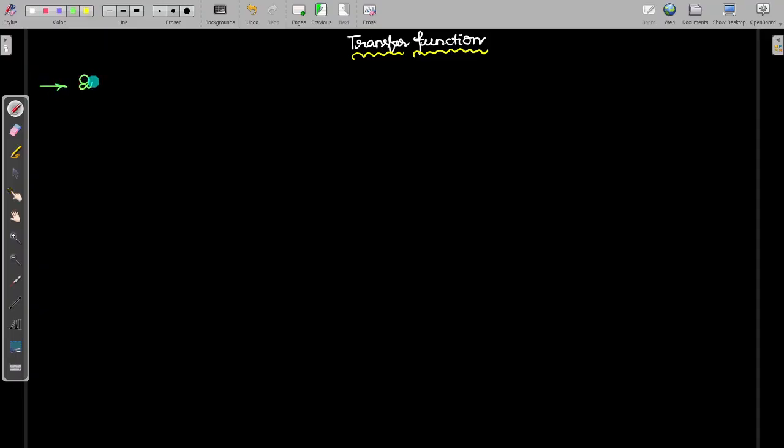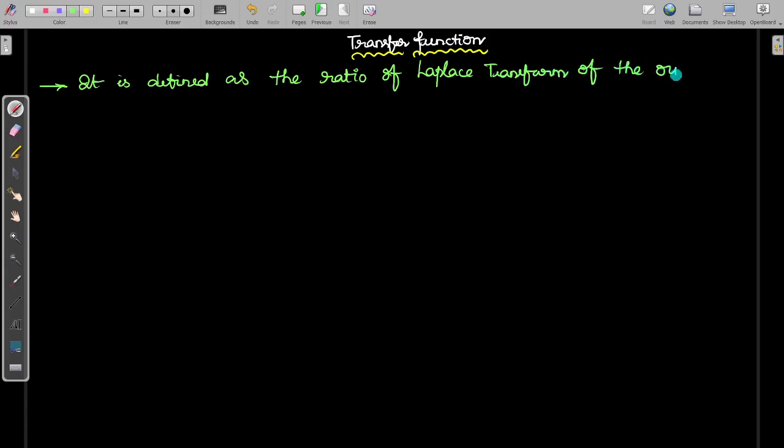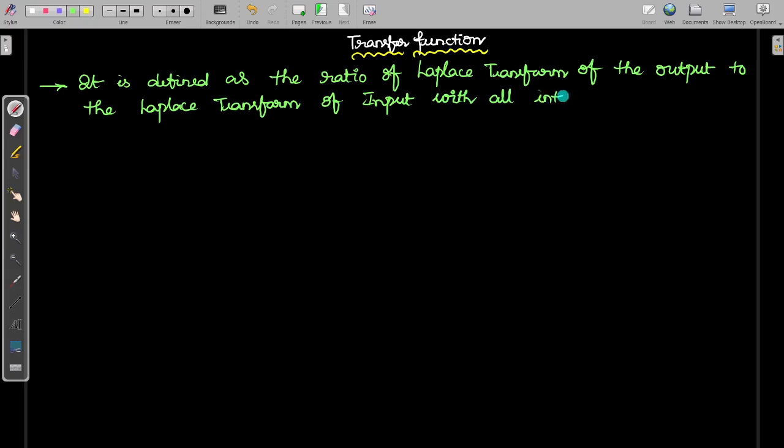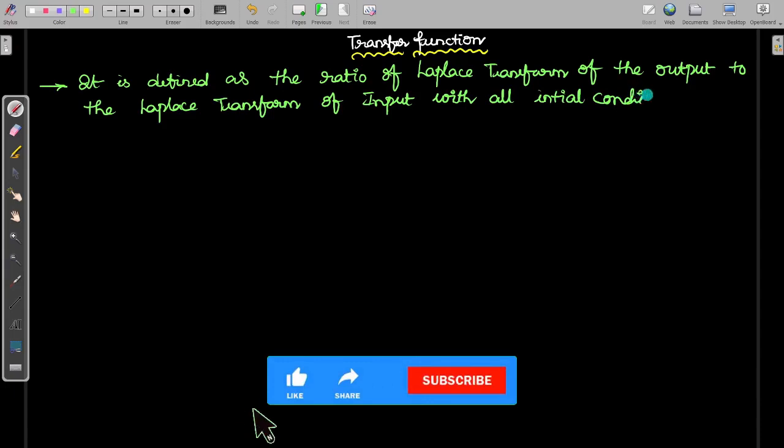Transfer function is defined as the ratio of the Laplace transform of the output to the Laplace transform of the input, with all initial conditions zero.